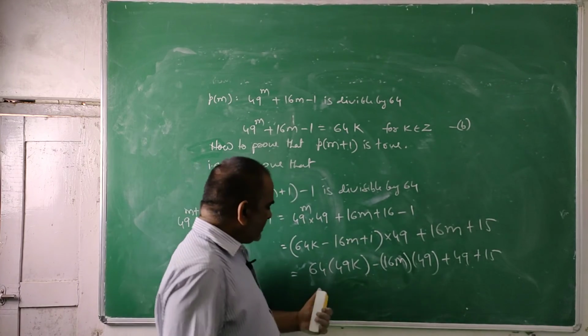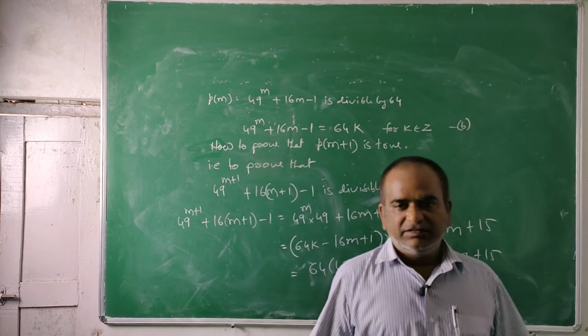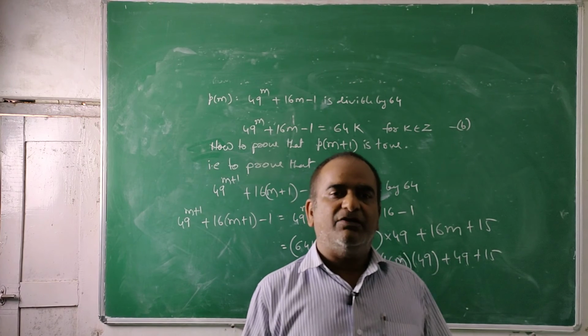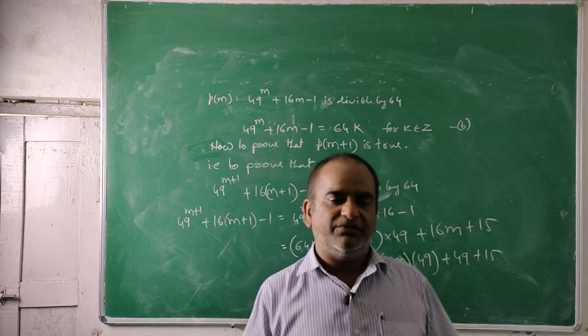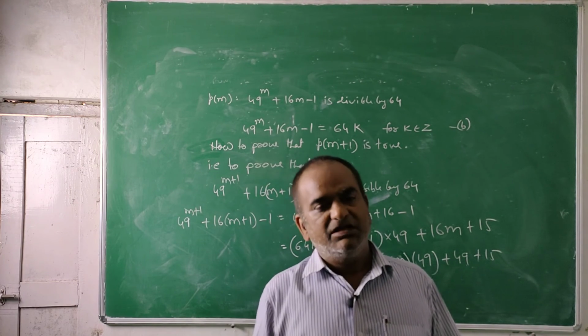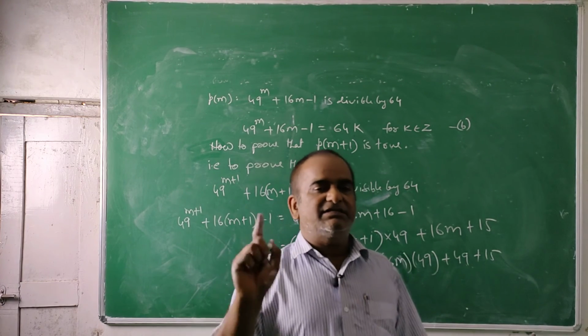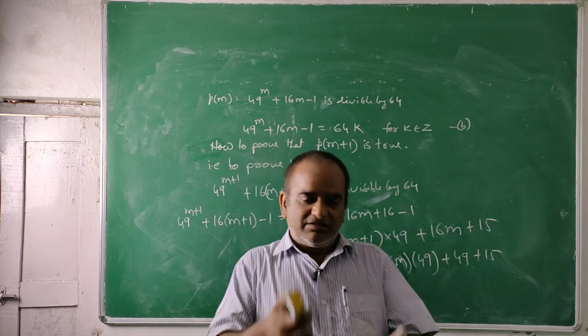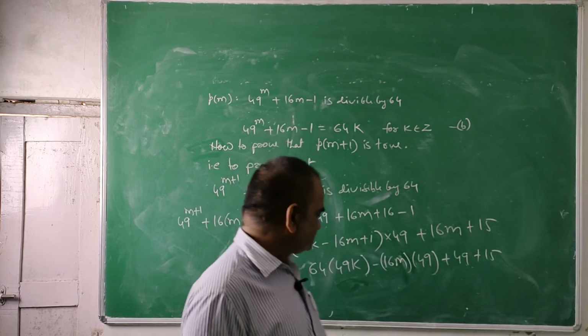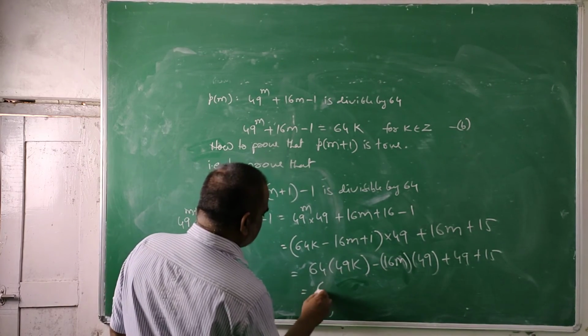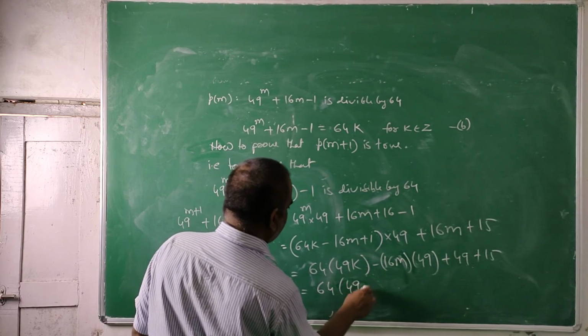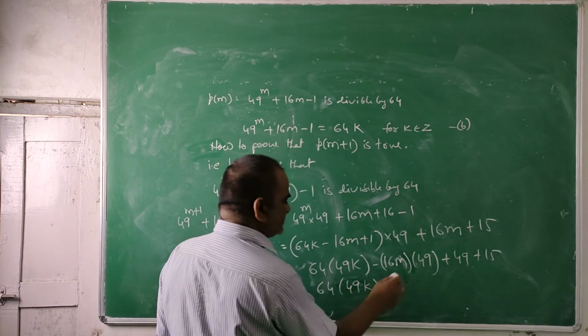So if you see in each term 64, then you can take 64 common and you can conclude it is a multiple of 64 and hence it is divisible by 64. That is my intention. Please see, according to my intention I am manipulating the things. So this is equal to 64 into 49k minus.